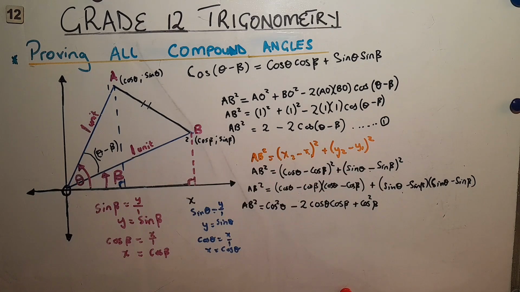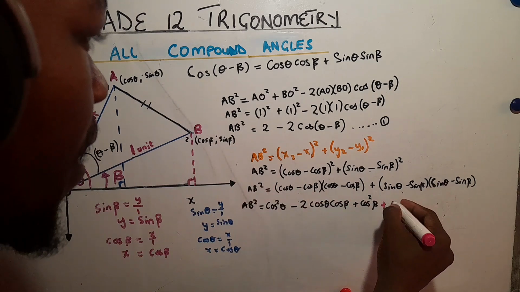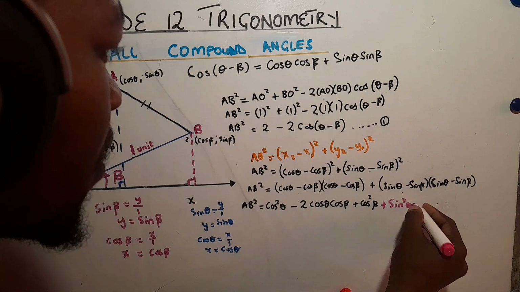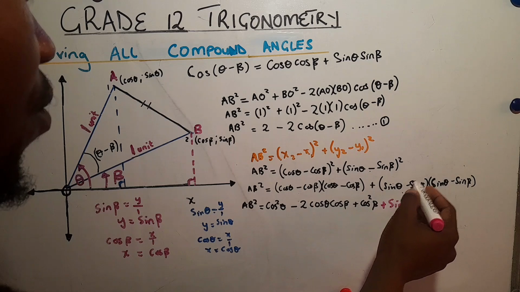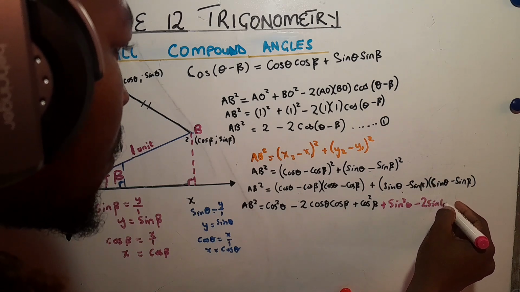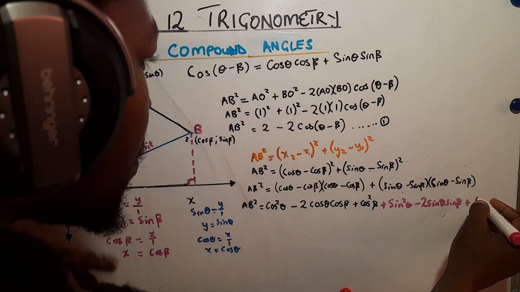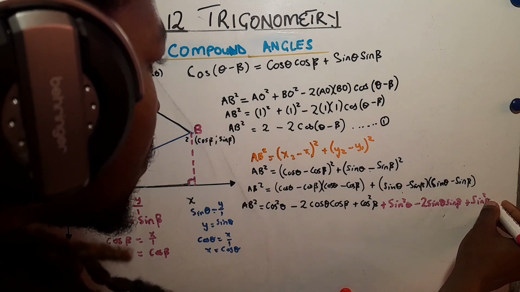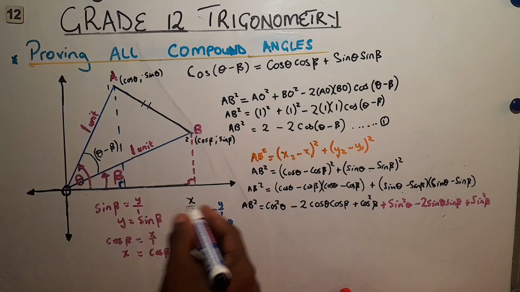And we can do the same procedure on sine. Maybe let me use a different color there. So that will be plus sine squared theta, then negative sine theta sine beta, and also the same again, so that gives us negative 2 sine theta sine beta, and then a positive sine squared beta, right? Now let's group this up.